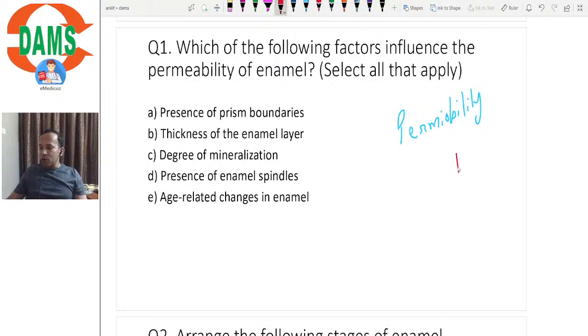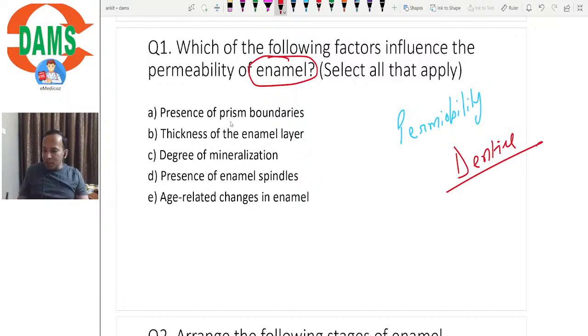But here I am asking you about the permeability of enamel. So which of these options do you think affect the permeability of enamel? Is there just a single correct answer, or do you think there are more than one options that can affect the permeability of enamel? So let's go to these options one by one, right?